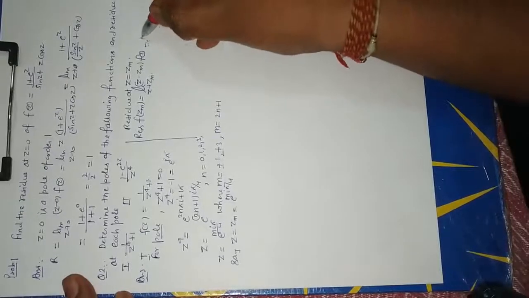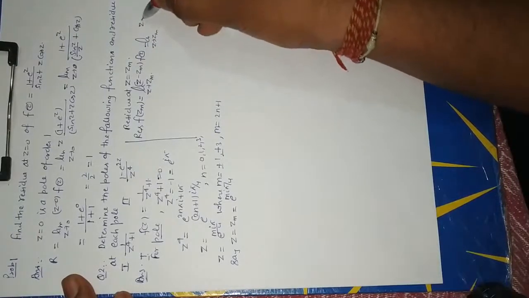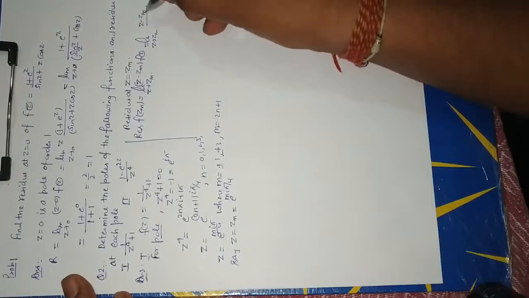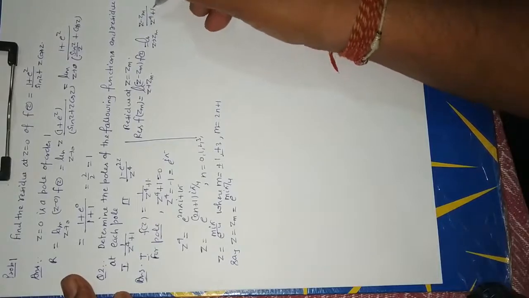This is equal to limit z tending to z_m of (z minus z_m) upon (z to the power 4 plus 1).